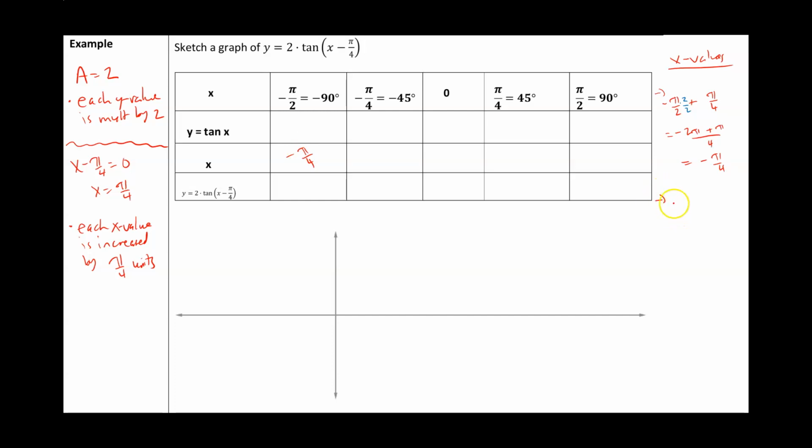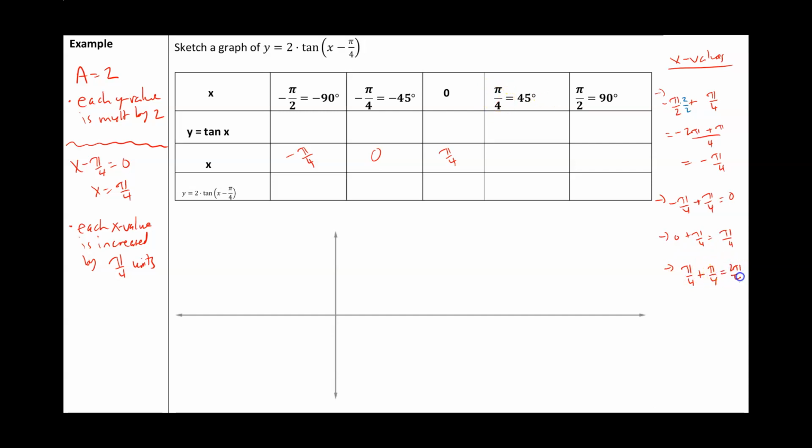My next x value, we have negative pi over 4 plus pi over 4. Luckily, this is just 0. We don't have to get a common denominator. Our next x value is 0. If I have 0 plus pi over 4, this just gives me pi over 4. My next x value is going to be pi over 4 plus pi over 4. So I take my key point and I add pi over 4 to it.